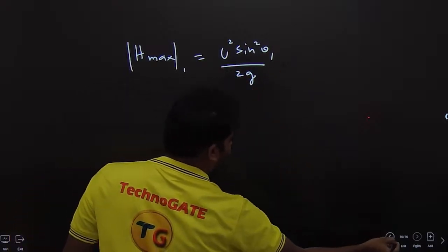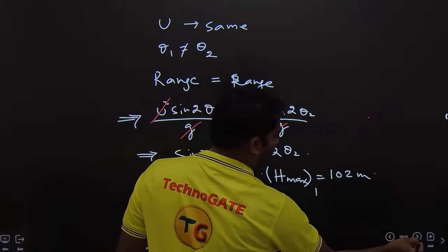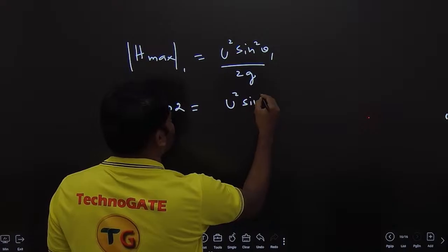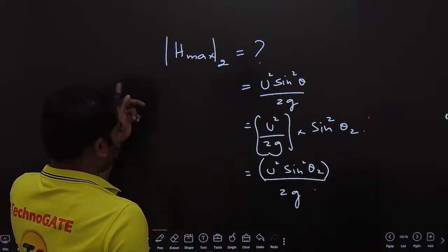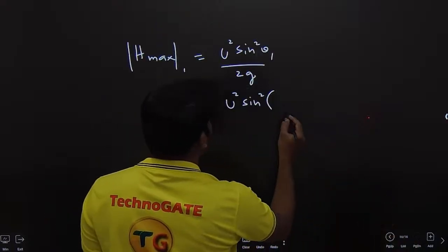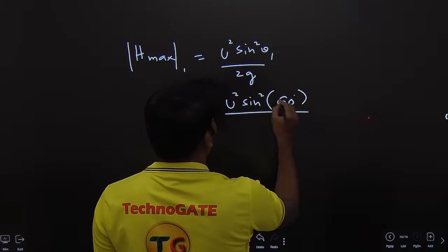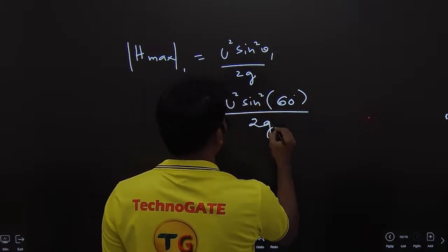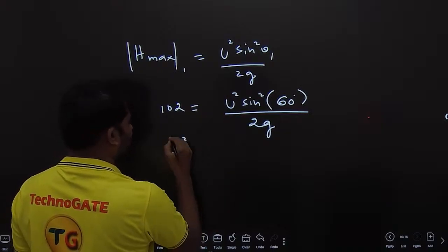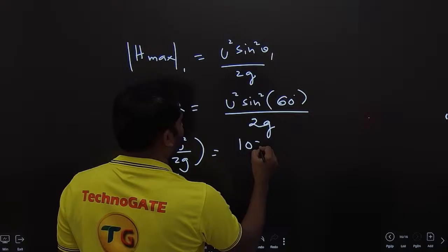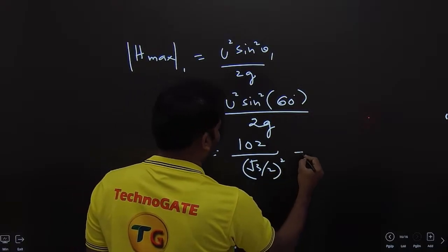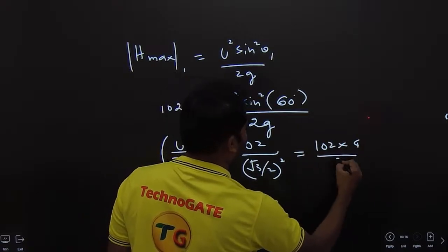So h max 1 is given as 102, which equals u square sine square theta 1 by 2g, with theta 1 given as 60 degrees, that is, u square sine square 60 by 2g. Everything is there; we just need u square by 2g. So u square by 2g comes out to be 102 by sine square 60, which is root 3 by 2 whole square. So this comes out to be 102 into 4 by 3.